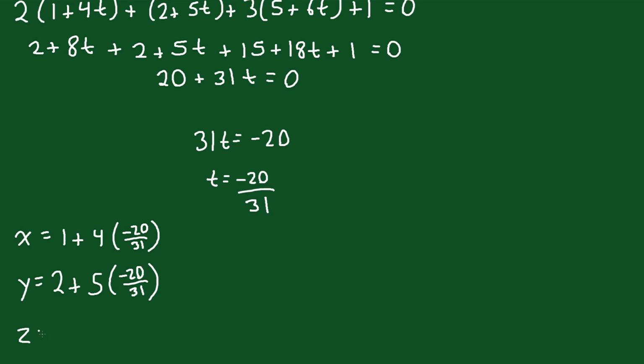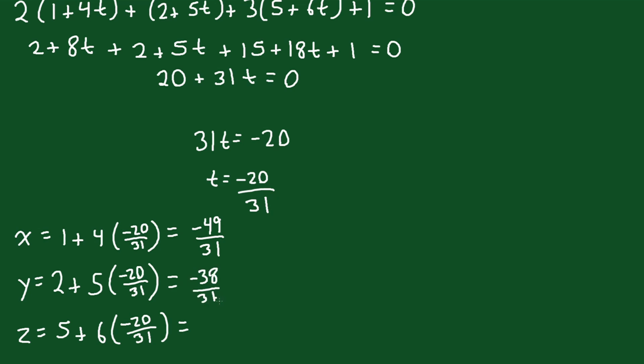And we said z is equal to 5 + 6t, or 5 + 6 times -20/31. In each of these cases, we can do these calculations. For x, you should just get the answer -49/31. For y, you should get -38/31. And for z, you should get positive 35/31.